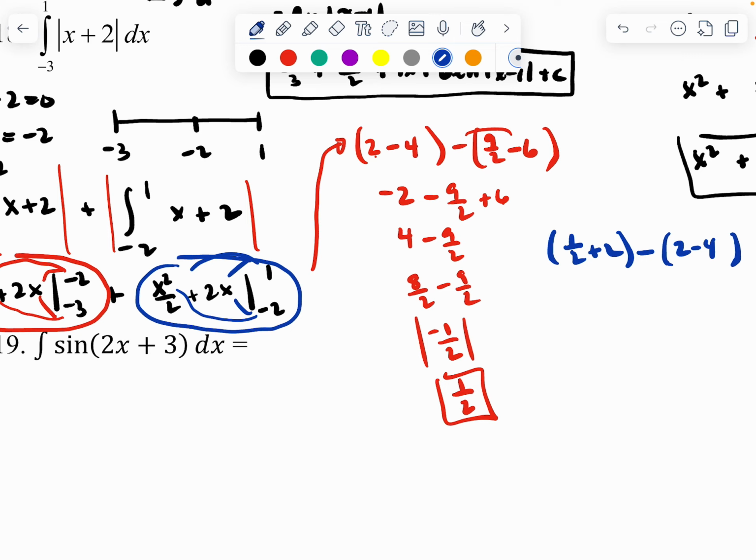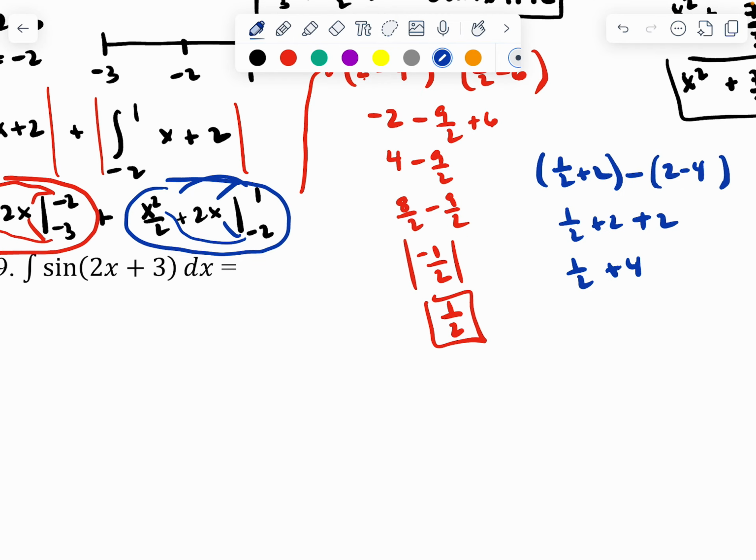Okay, so you guys, this is 1/2 plus 2 minus 2 minus 4 is -2, which is really going to turn into a plus 2. So this is 1/2 plus 4. So that's going to be 1 over 2 plus 8 over 2, which is going to be 9 over 2. And since that's positive already, I don't need to take the absolute value of it.